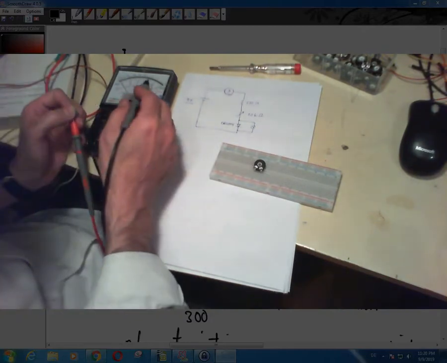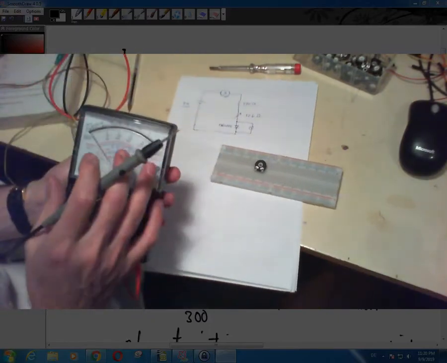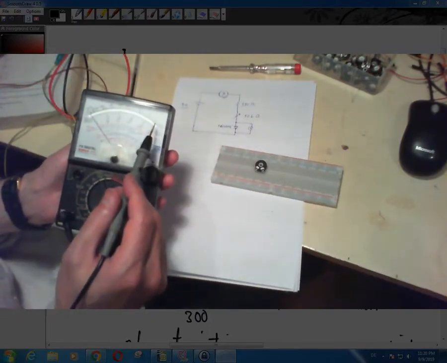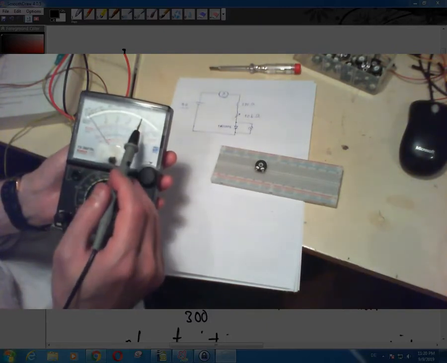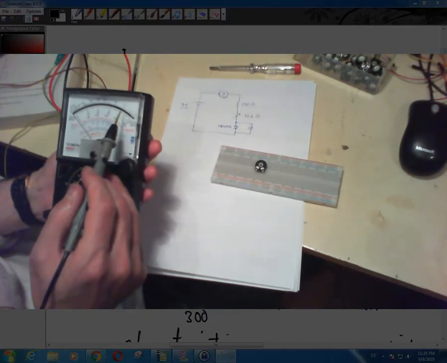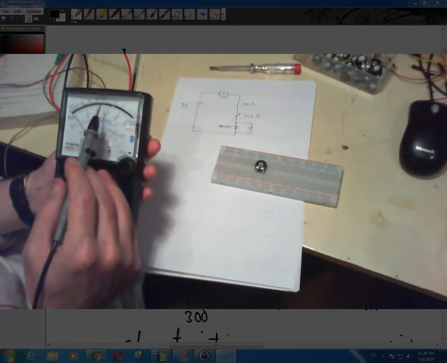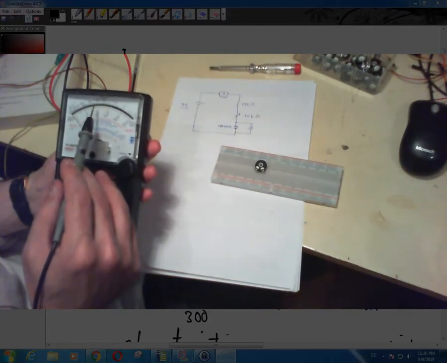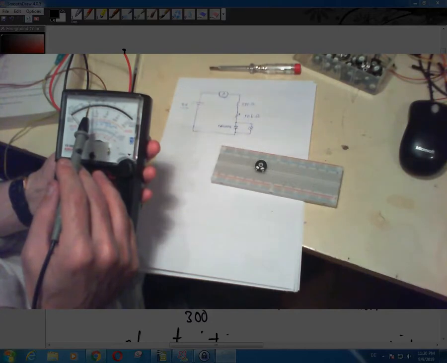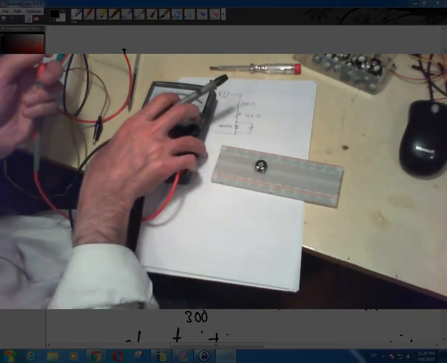As you can see, the ohm is read up here, so you have 0, 5, 10, so you have 1, 2, 3, 4, 5, and 6, 7, 8, 9, 10, and 20, and then 30, 40. So each of them is 2, right?